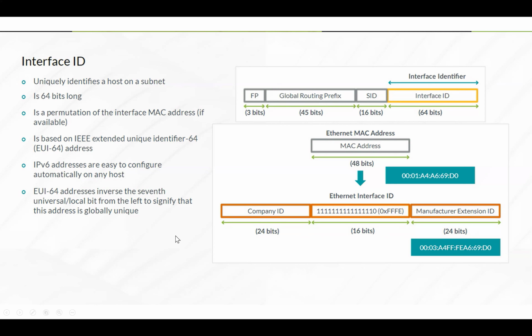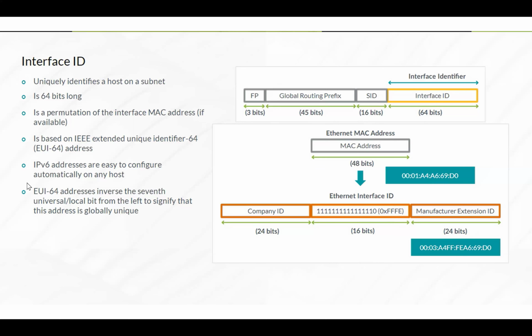If we configure auto configuration, or if I use the EUI-64 method, that method takes the MAC address from the network interface card. They take the 48-bit MAC address and insert a 16-bit value in between the MAC address and make the total 64 bits. That method is called EUI-64.